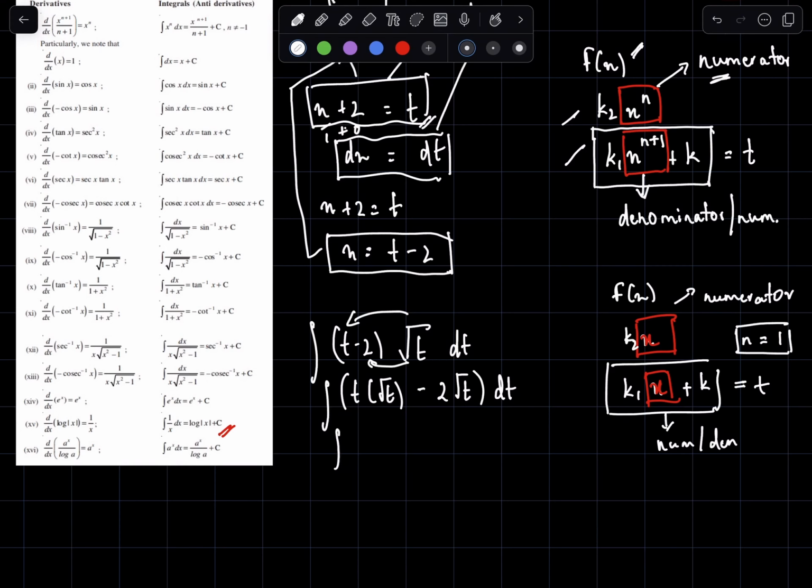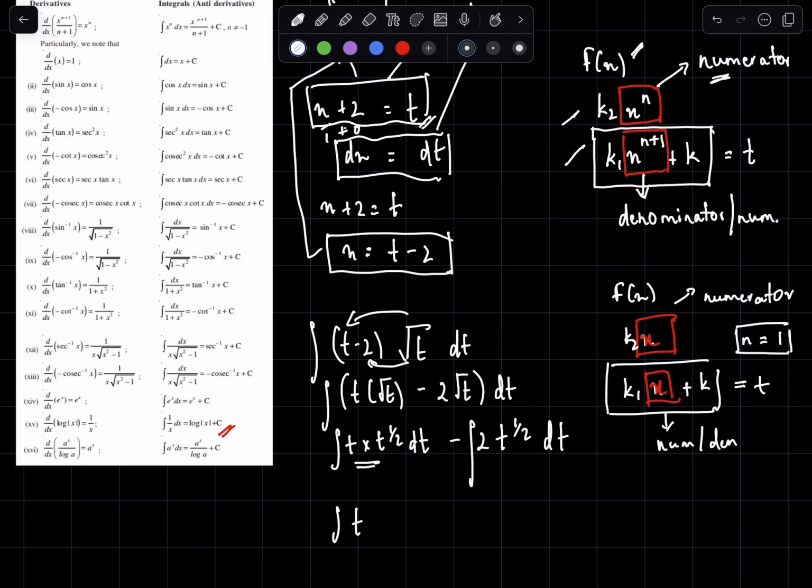So integral of t times t raised to power half, minus 2 times t to the power half, dt.